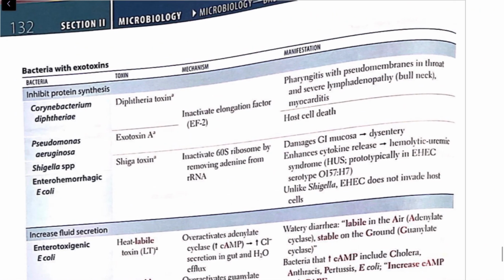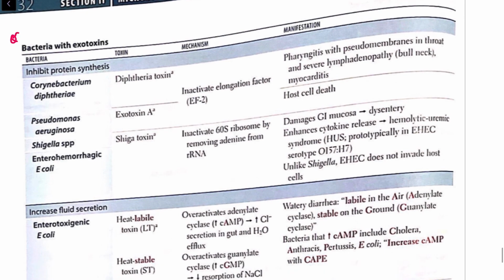Bacterial exotoxins. So first is Corynebacterium diphtheriae. The toxin is diphtheria toxin and it inactivates elongation factor 2. Remember, exotoxin A of Pseudomonas also inactivates elongation factor 2. So what is the manifestation? It causes pharyngitis with pseudomembranes and bull neck, and Pseudomonas causes the death of the host cell.